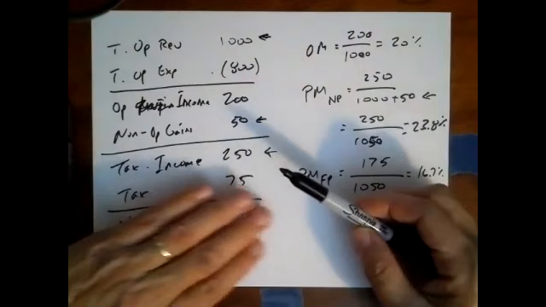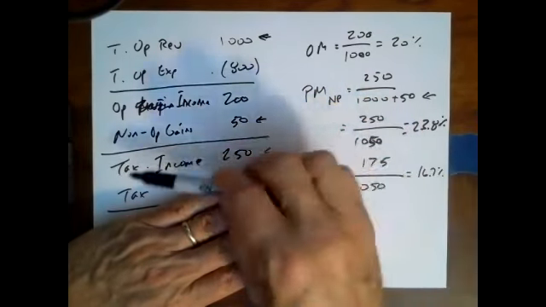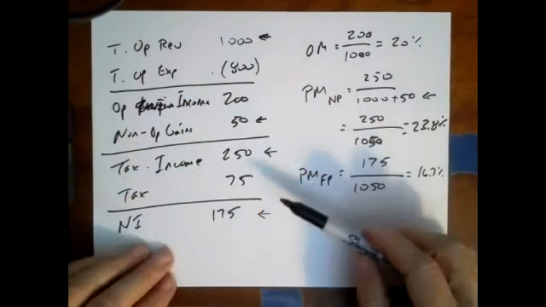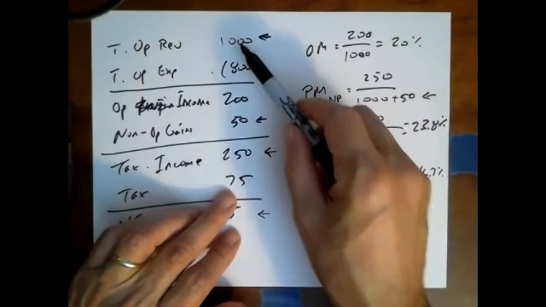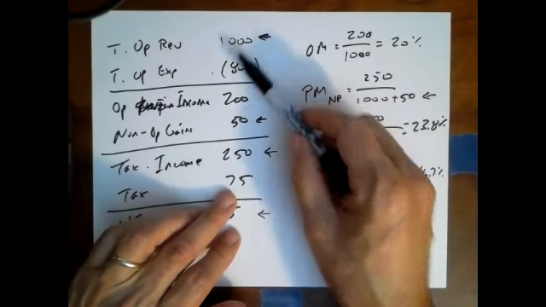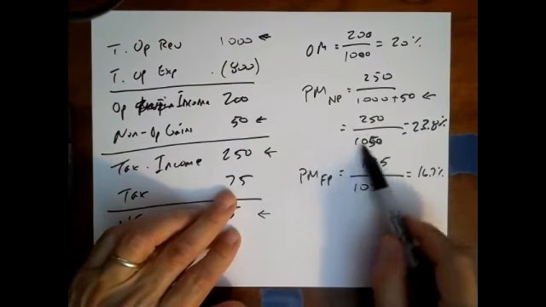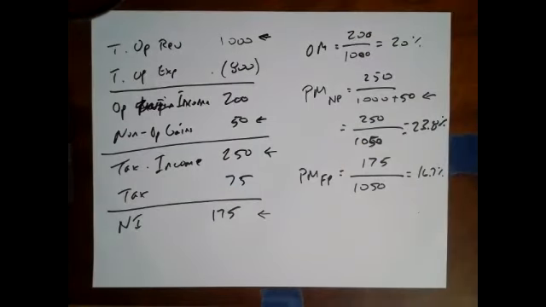Profit margin, in the case if this was a not-for-profit, this would have been the net income. So use 250 divided by the total revenues, which is in this case the operating revenue and the non-operating revenue. So that goes into the denominator. So you get 250 over 1050. So that's it. Okay, quick review. Hopefully that's useful to you.